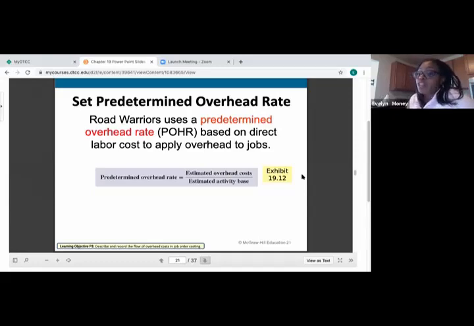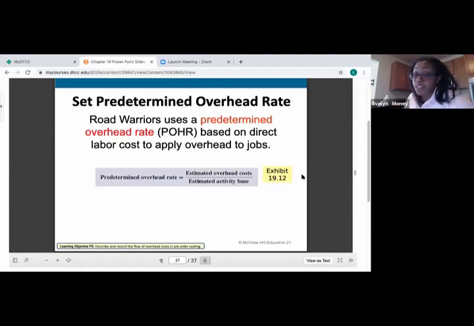So we are assuming that there is an activity that drives or increases overhead costs. In the real world, the hardest part of this is finding the right activity. It could be direct labor hours. It could be machine hours. It could be the number of units that we produce.